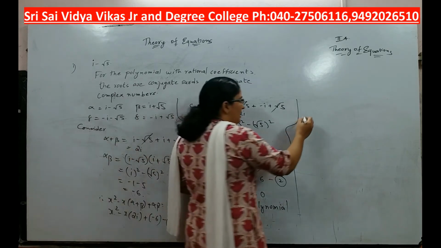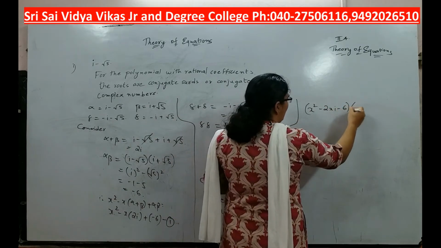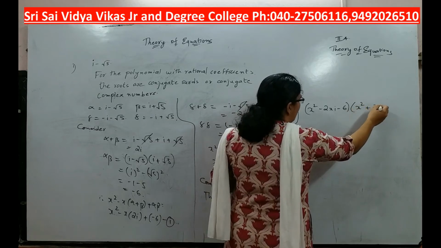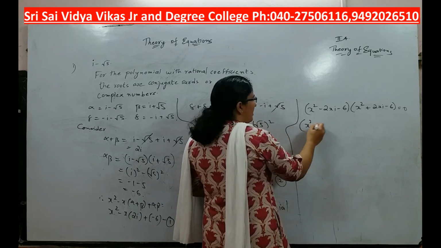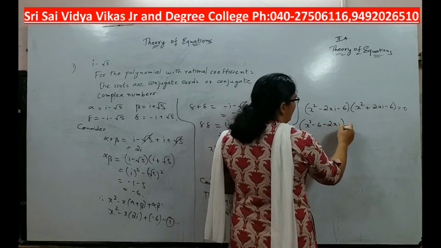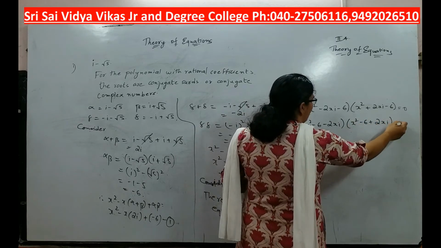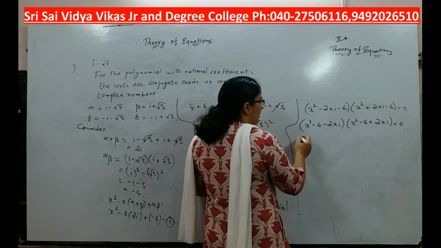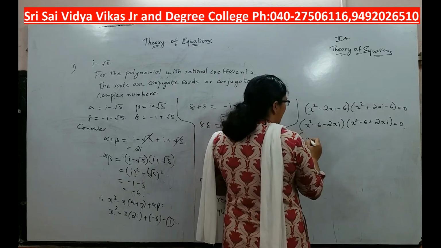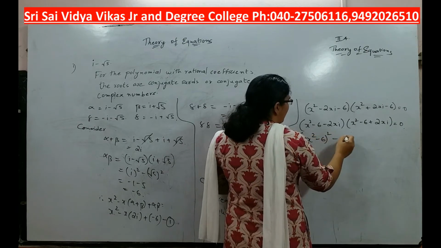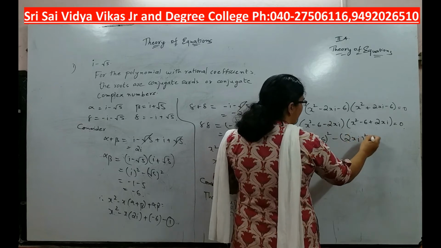So you get x square minus 2xi minus 6 into x square plus 2xi minus 6 is equal to 0. This can be written as x square minus 6 minus 2xi, x square minus 6 plus 2xi is equal to 0. Now, this is in the form of a minus b into a plus b, which is a square minus b square.